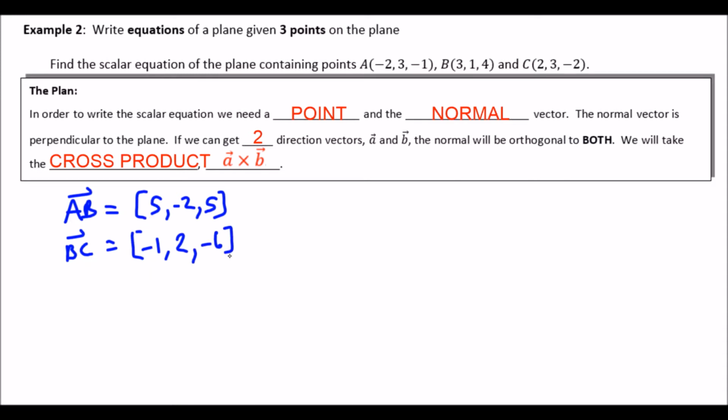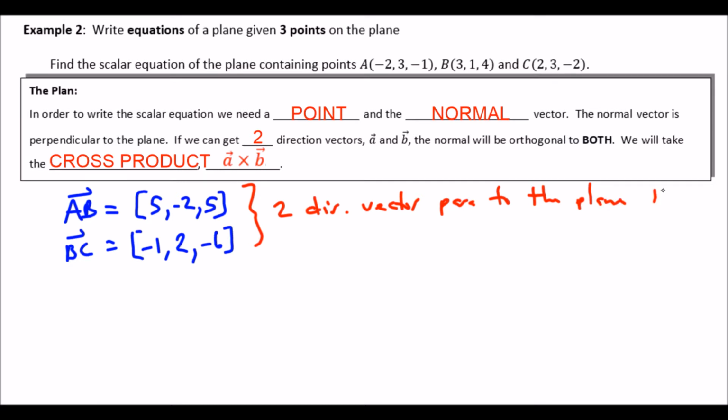Let's just confirm that. Yeah, we're good. All right, and you can see they're not scalars of each other. 5 over negative 1 is definitely not equal to negative 2 over 2, so we're good. All right, so I've got two direction vectors parallel to the plane.